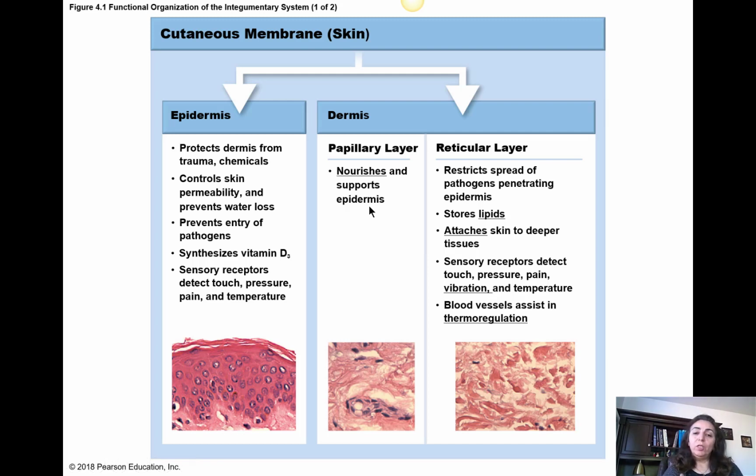If you remember, in general, epithelial tissue or epithelium is an avascular tissue. You remember that one?